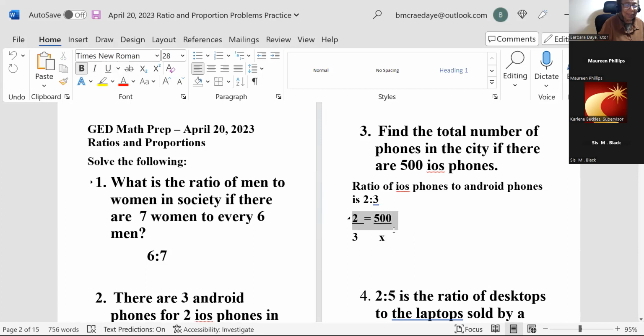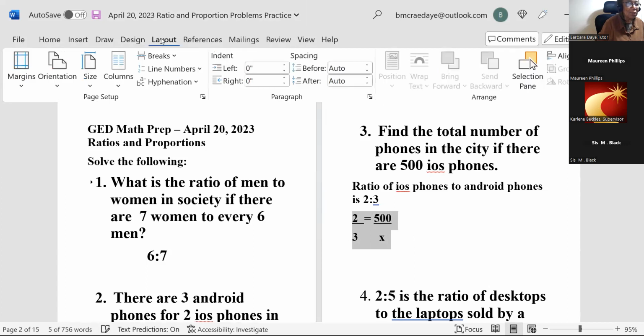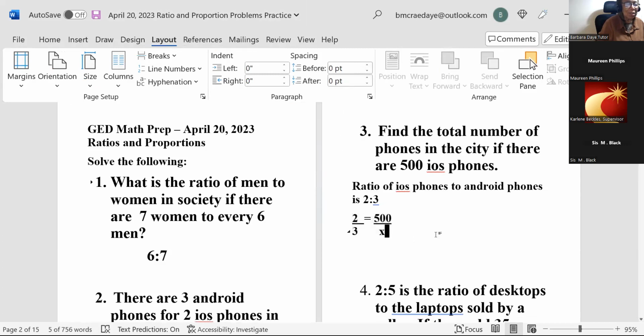So we solve this for X, and that means you can cross multiply and solve it. So do that and tell me what X is. Cross multiply, and solve for X. So that's your step.